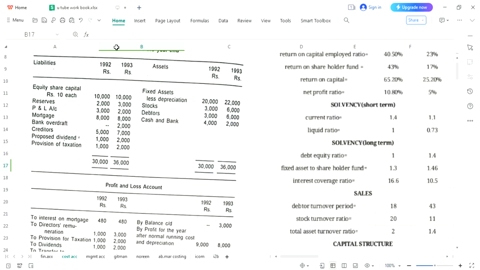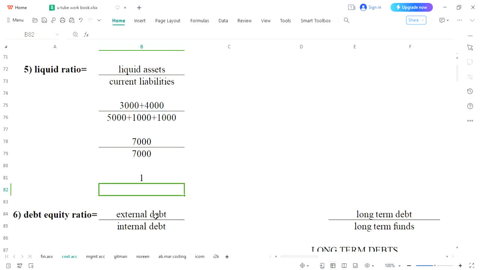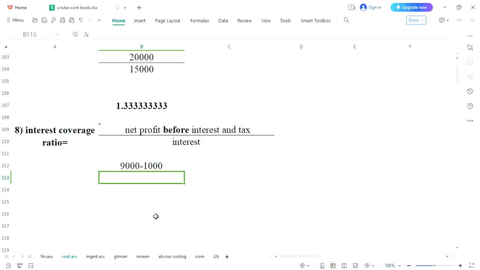Let's get back to the question and see where interest is written. Look here, interest 480. This is part of our formula. We need to put 480 as interest. The formula was net profit before interest and tax divided by interest.